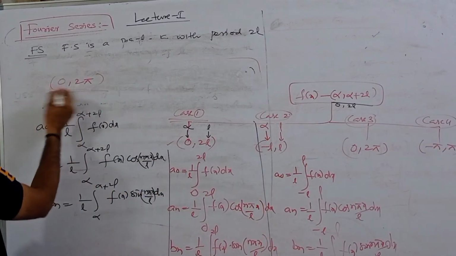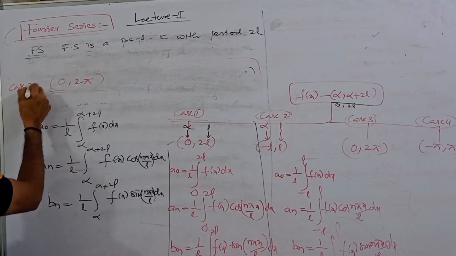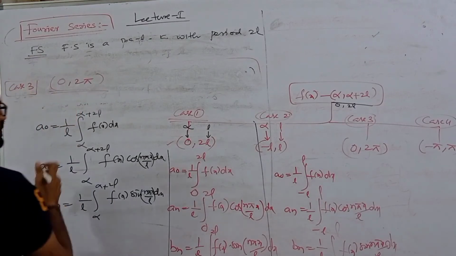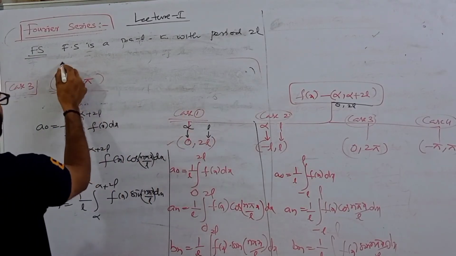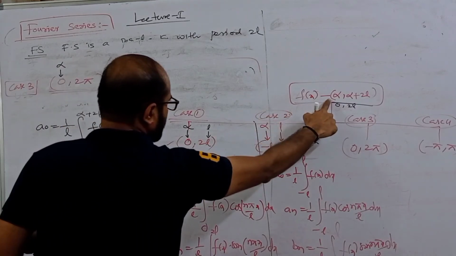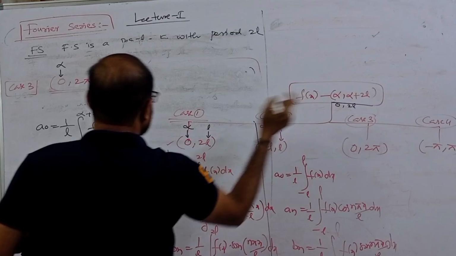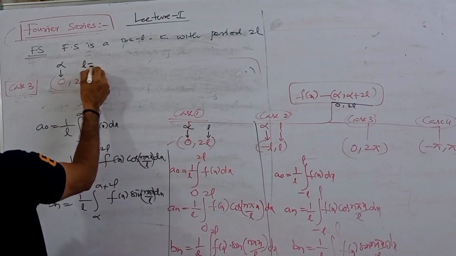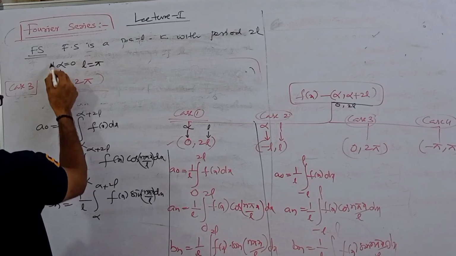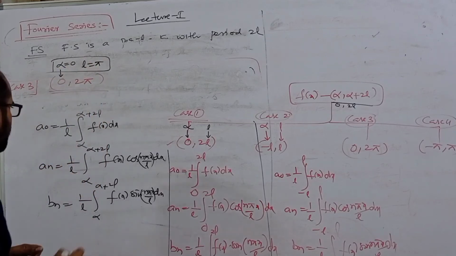What is this case 3? In case 3, 0 to 2 pi means alpha is 0, and 2 pi means L is pi. So L value is pi in this, and alpha is 0.